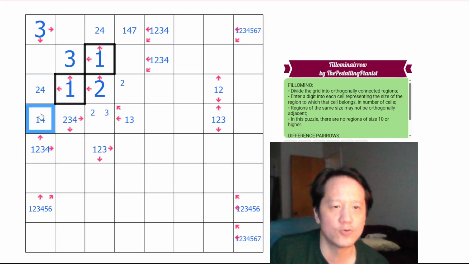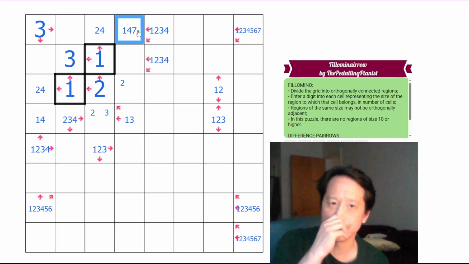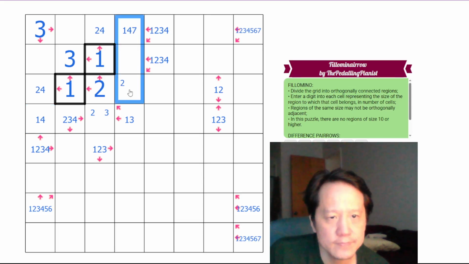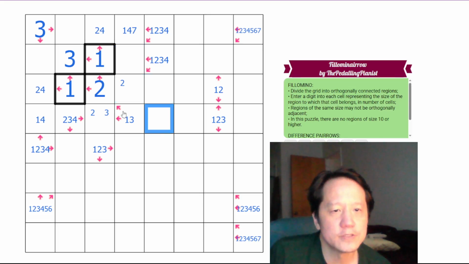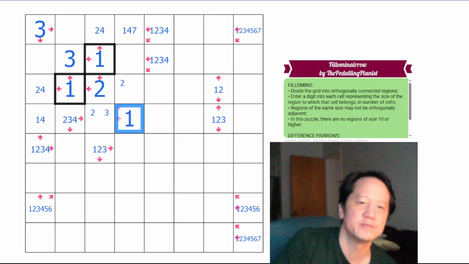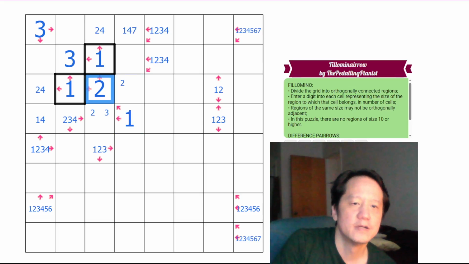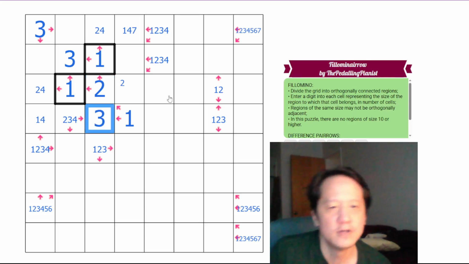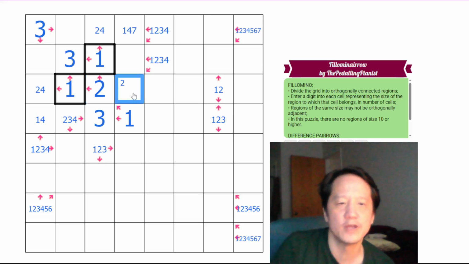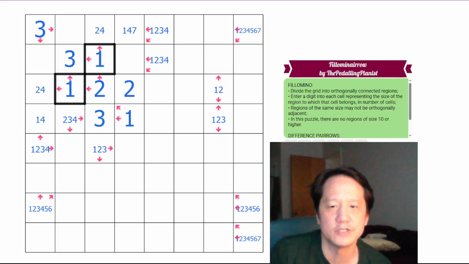So this is 4 and 1, and this is 1, 4, or 7. If we try to have a difference of 3, it would be 3 and 6, and that's not going to work. So this must be 1 away, which means this is 2, and it's a difference of 3 there. So 2 has to go to 2 there, and that's done as a region.